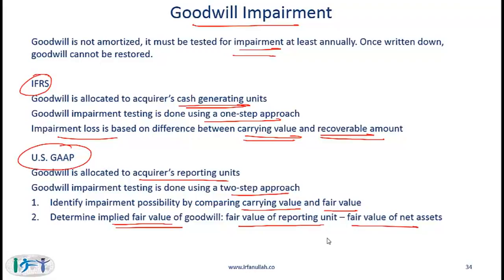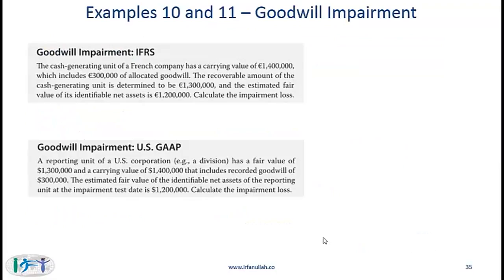This difference is shown as a loss on the income statement. Let us work through examples 10 and 11, which demonstrate goodwill impairment using both IFRS and US GAAP.